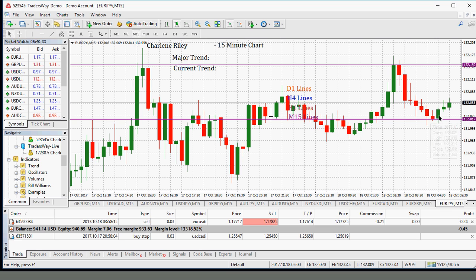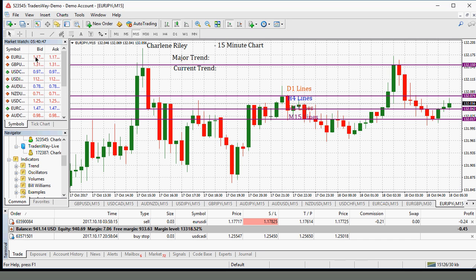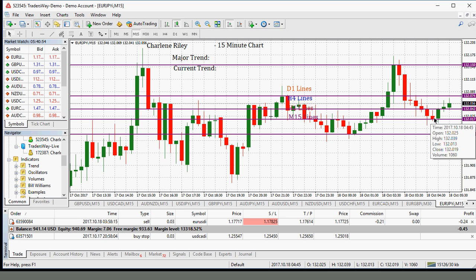We also have a morning star. So I'm going to use the morning star.